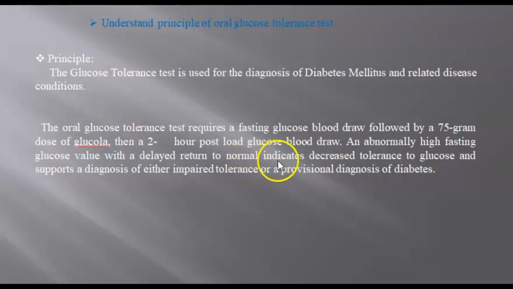But if it returns to normal, it means the person can tolerate the amount of glucose, and so the patient is not diabetic. This is the standard principle to follow to conduct the oral glucose tolerance test.